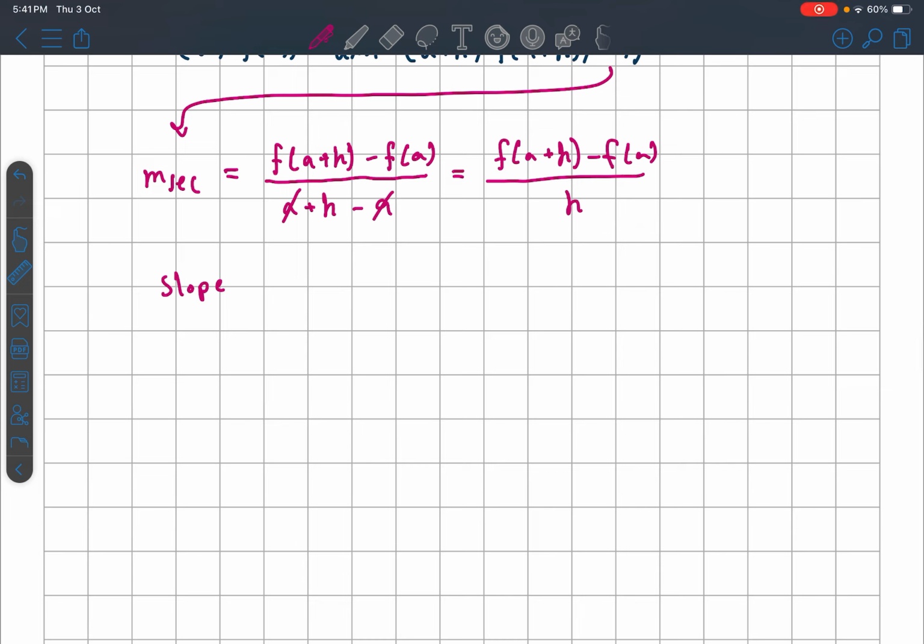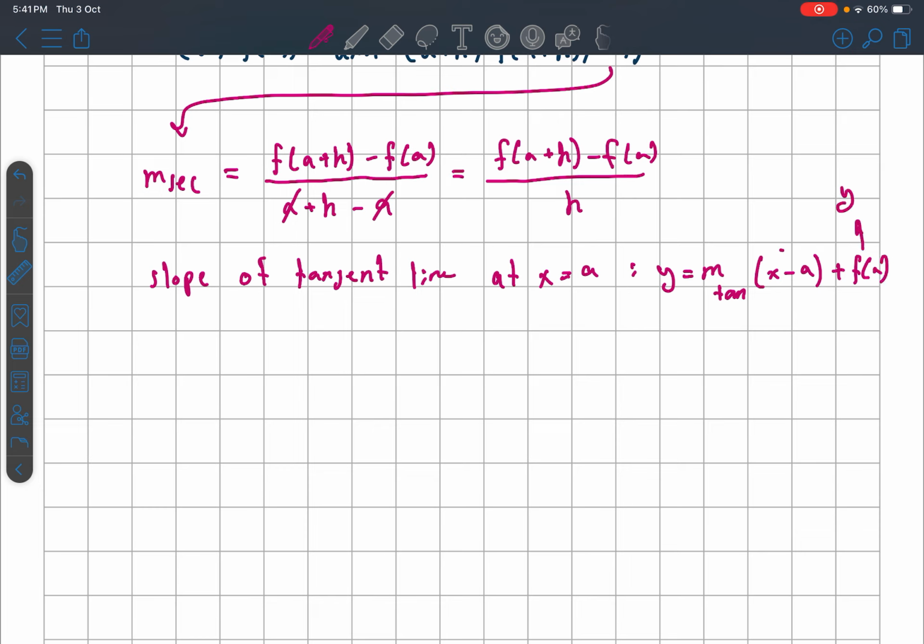So the tangent line at x equal a is y equal m tan times (x minus a) plus f(a), where f(a) represents the y and a represents the x, so it is the point (a, f(a)).